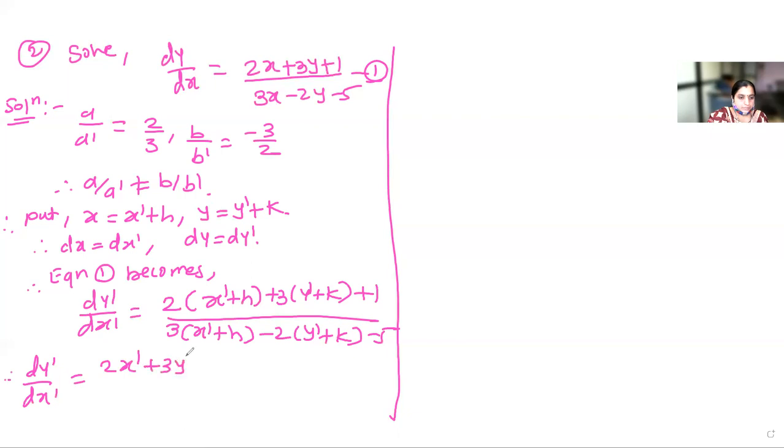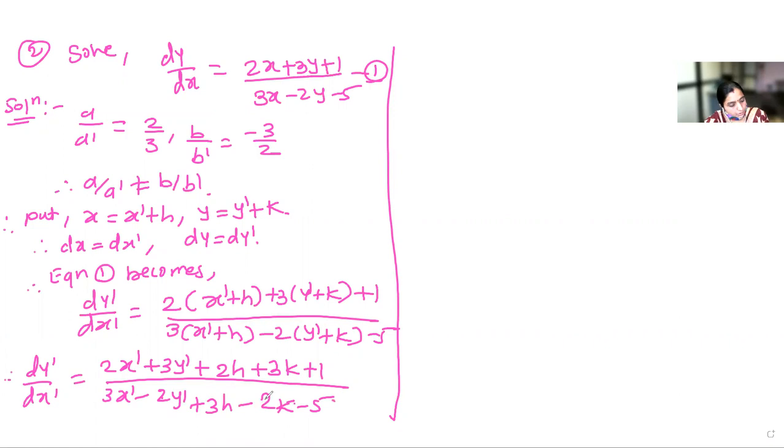plus 3y dash, plus 2h plus 3k plus 1, divided by 3x dash minus 2y dash plus 3h minus 2k minus 5.